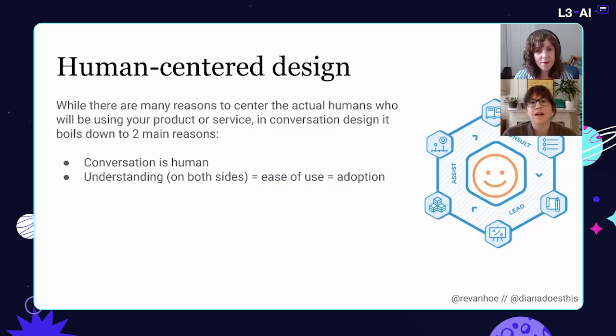And since it's imitating us, it has to be on our terms. And then a more business-friendly reason why it's important to keep it human-centered is that when the technology and the user understand each other really well, that produces an ease of use for the user, and that means better adoption and more customers are going to have success with it.